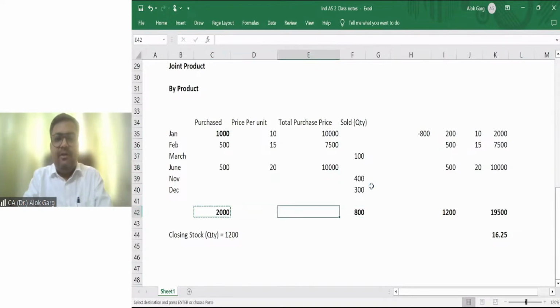I have purchased 2,000 units of goods at a total of 27,500. My weighted average cost is 13 rupees 75.